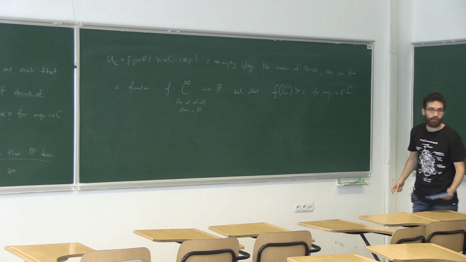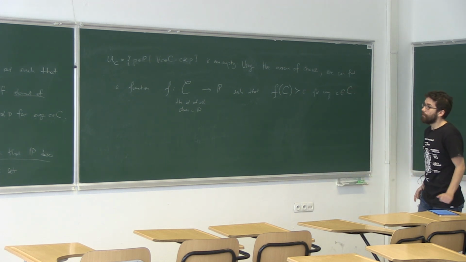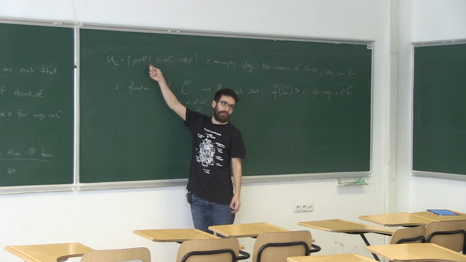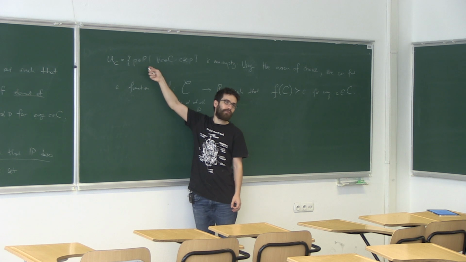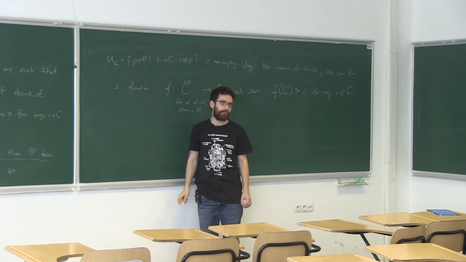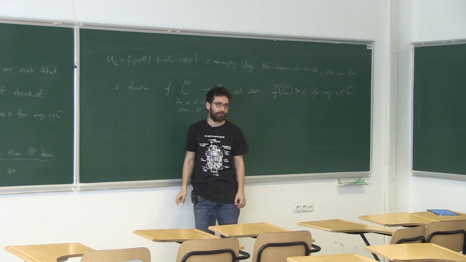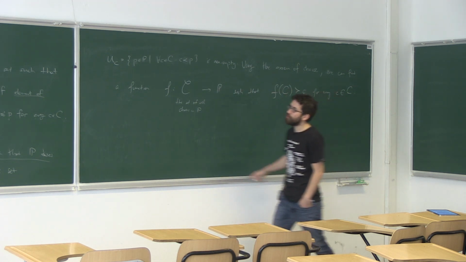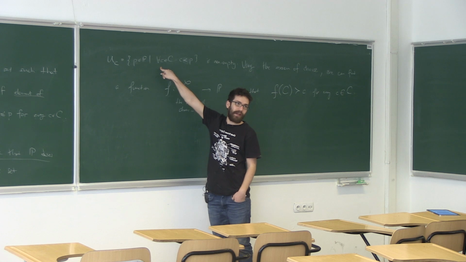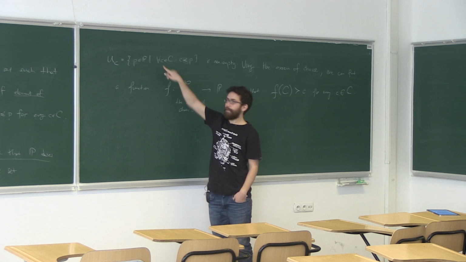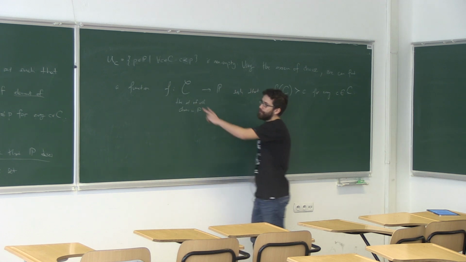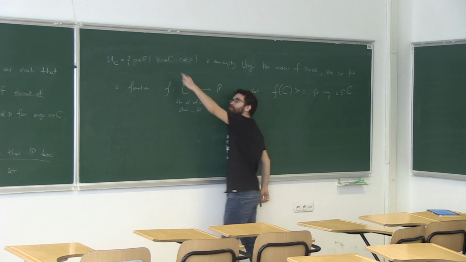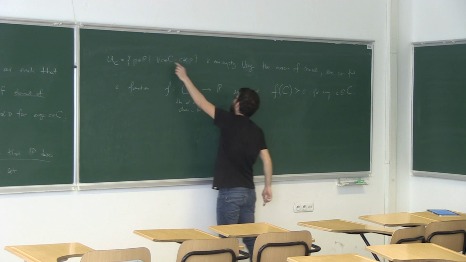Now there are too many C's on the board. Let me explain. These guys are non-empty, so by axiom of choice, I can choose one element from each of these guys. There exists a function which chooses one element from each of these guys. How does that function behave? When you input a chain into that function, it chooses one element from this guy.